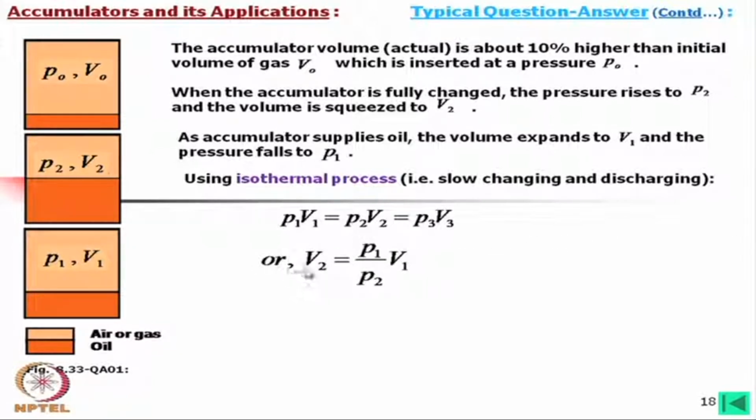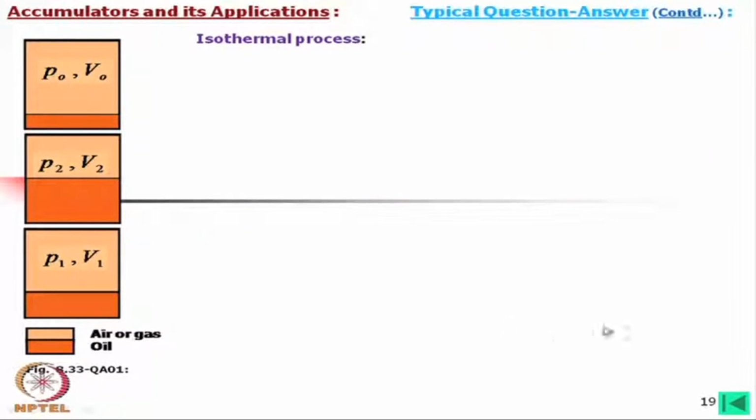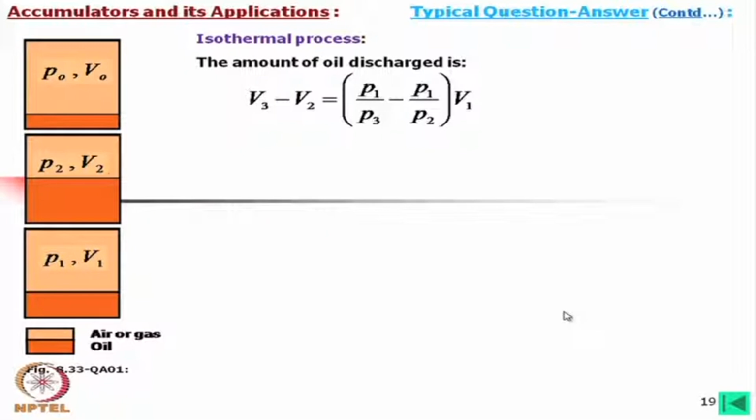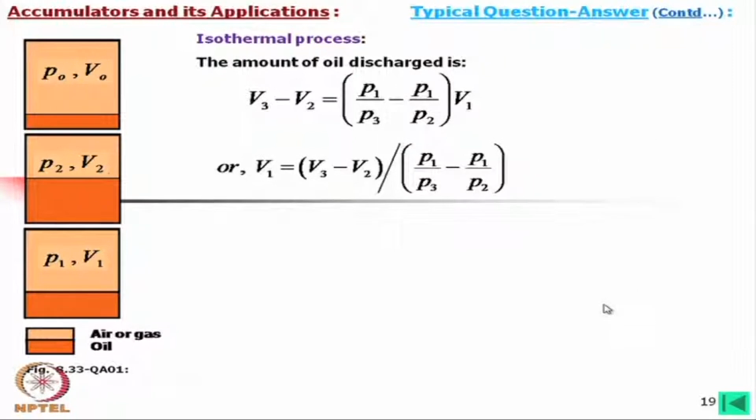Now, V2 is equal to P1 by P2 into V1, and V3 is equal to P1 by P3 into V1, and then for the isothermal process the maximum volume of oil we can use is V2 minus V1. Sorry, we have used P1 P2 here, so the equation is not written correctly.